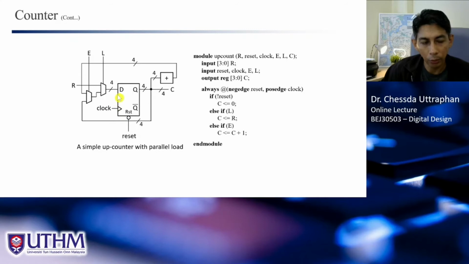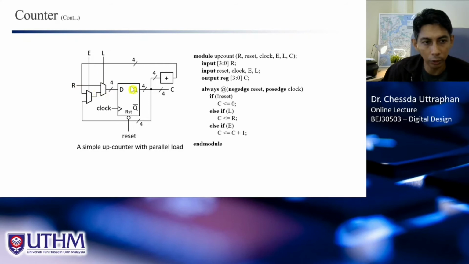But with this one, we can load any value into the register by setting L equal to 1 and getting the input from this input. For example, you load 2, the input is equal to 2, and L equal to 1.